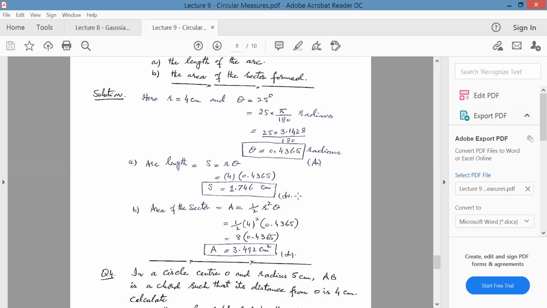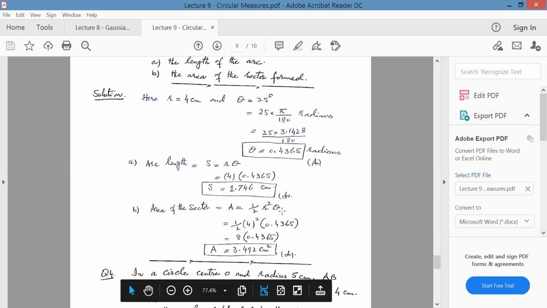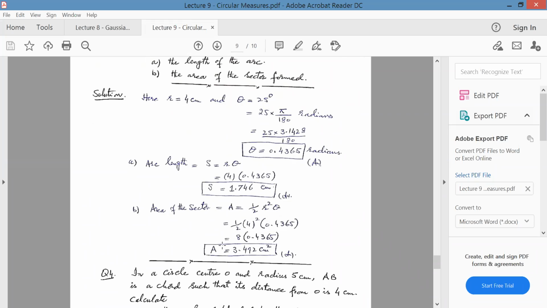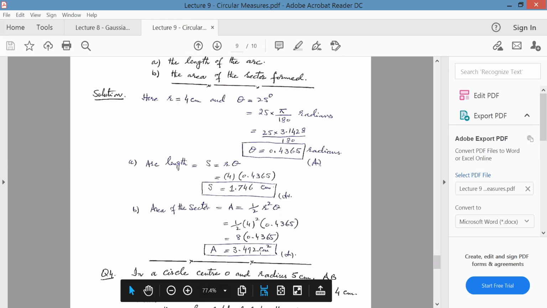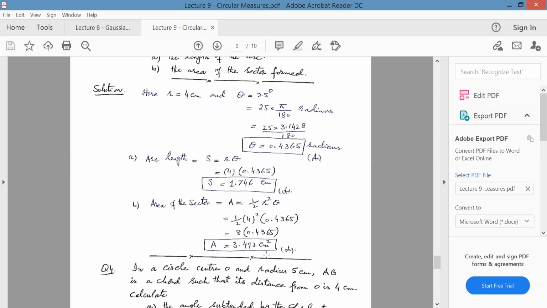And theta, you have got this one 0.4365. Okay, substitute them in the formula. Simplify. You are getting area as 3.492 centimeters square. This is the area of the sector. Damn simple. If such questions come in your paper, I'm sure you should be able to do it very well.